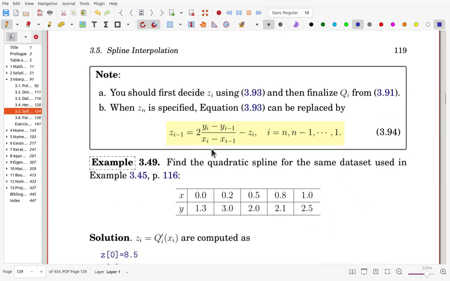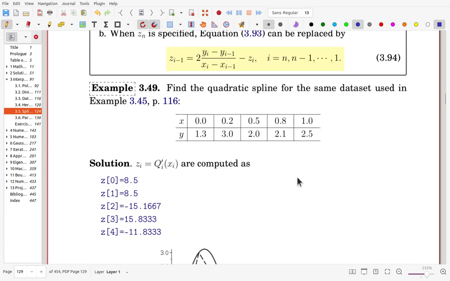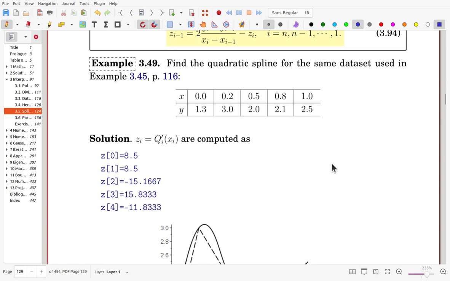Okay. Now, we'll consider the same data used for the linear spline. Here, we don't know the slope value, but by using x0, x1, y0, y1, we may approximate the slope y prime at 0.